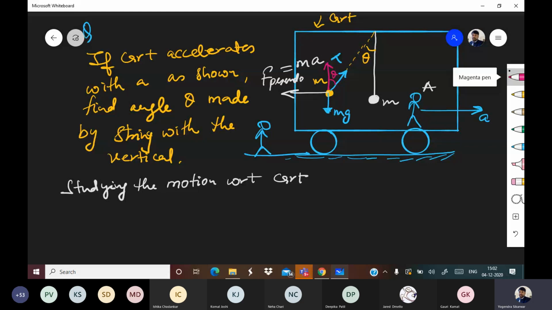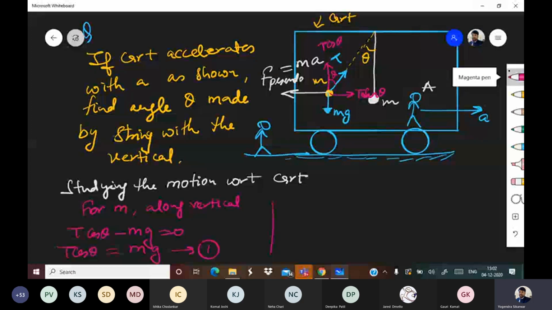For m along vertical, T cos theta minus mg is equal to 0, and that gives us T cos theta is equal to mg. Equation number 1.